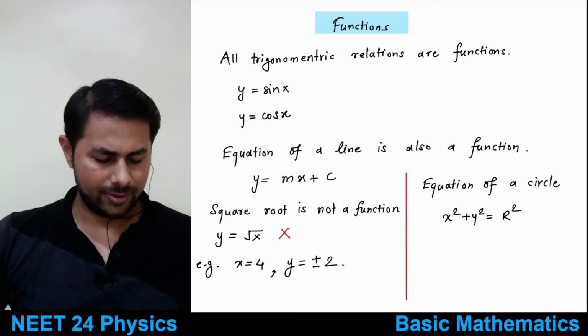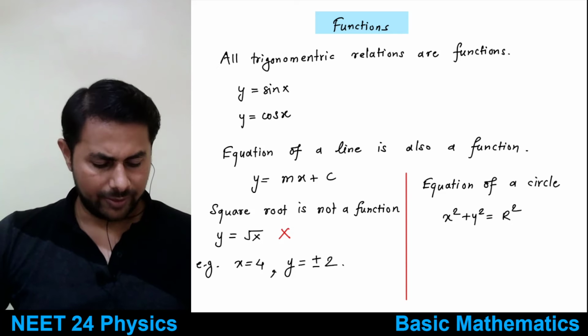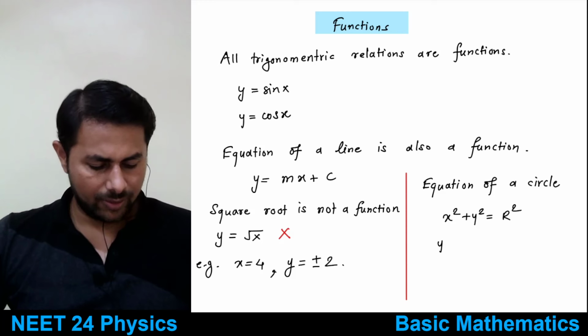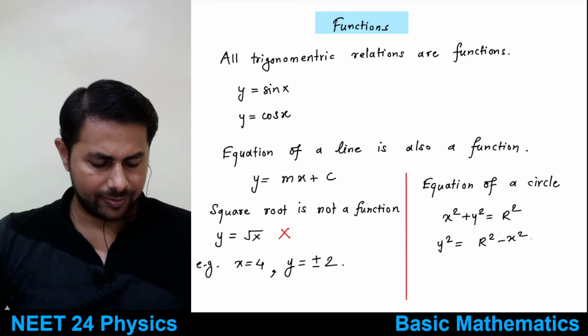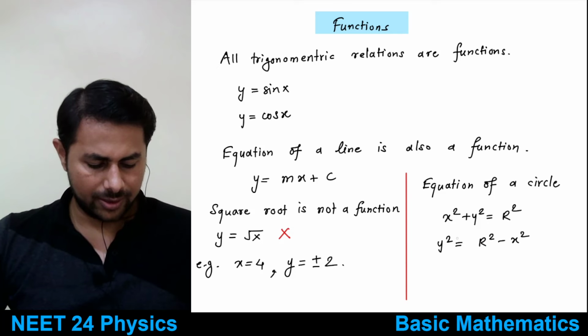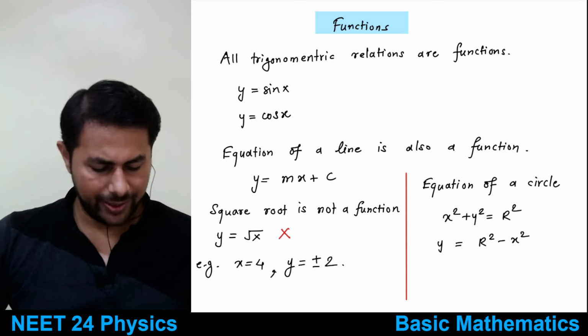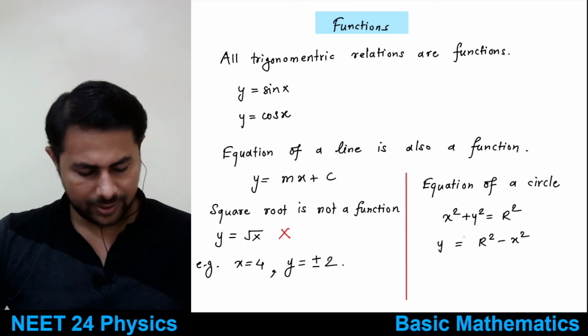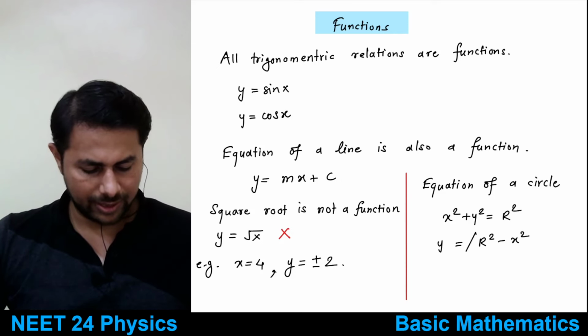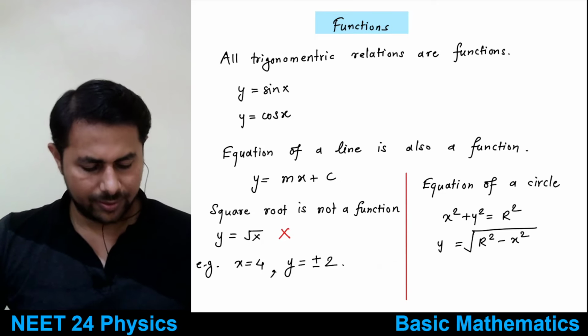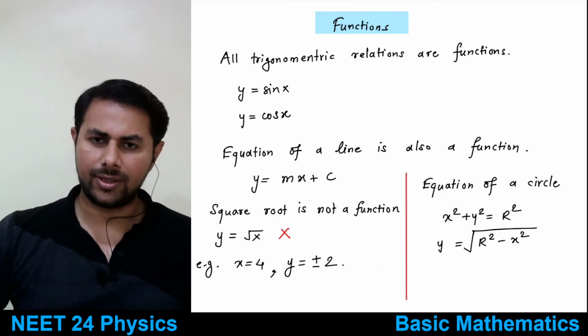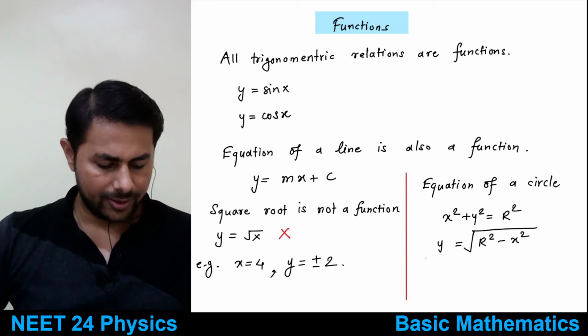Okay, this is the equation. So you have y square is equal to what? r square minus x square, and therefore what will be y? It will be square root of that. So if square root is not a function, that means this thing is also not a function, and that's why equation of a circle is not a function, right?